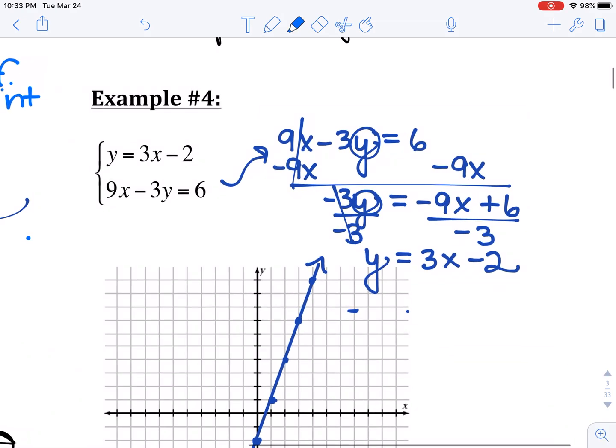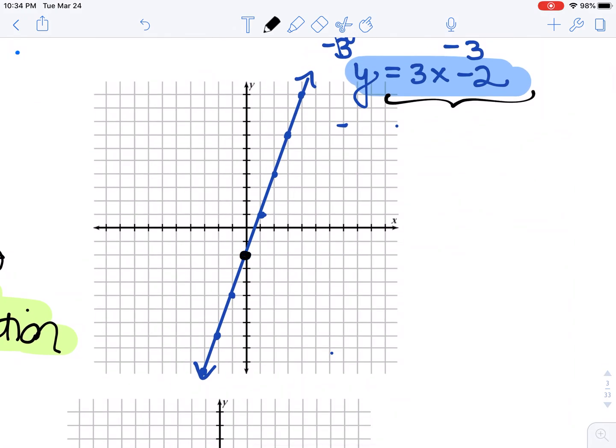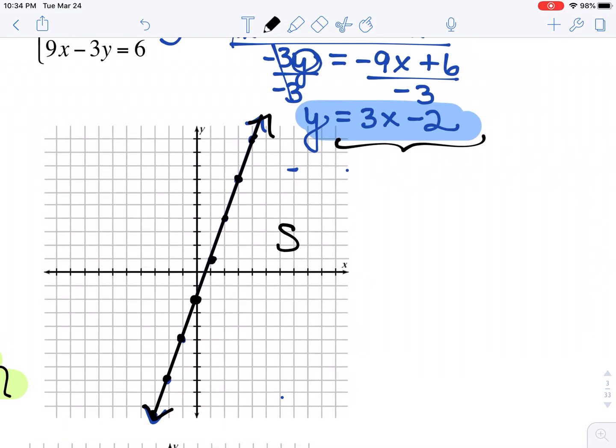If you notice, this equation and the first equation that we graphed are exactly the same. So if I went ahead and graphed that line, I'm going to be at the exact same points that I was when I graphed the first line, because they are the same line. They have every single point in common. And if there are an infinite amount of points on a line and they have every point in common, that means there are infinitely many solutions.